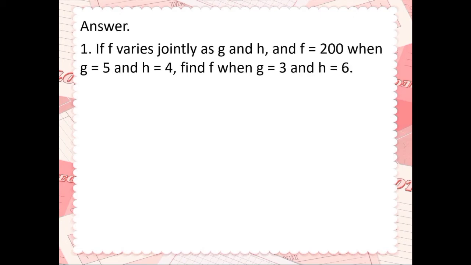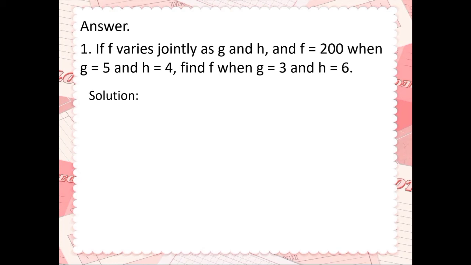Okay, now let us see if your answers are correct. For number 1, if F varies jointly as G and H and F is equal to 200 and G is equal to 5 and H is equal to 4, let us find F when G is equal to 3 and H is equal to 6. Okay, so you just follow those steps na ginamit natin kanina to solve this kind of problem.